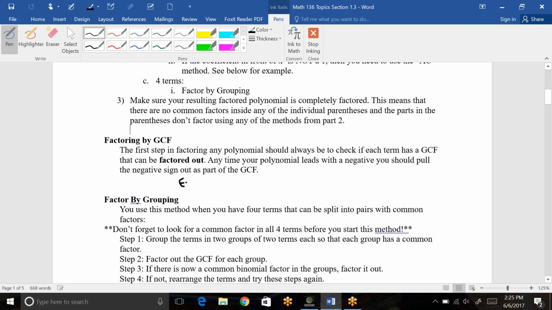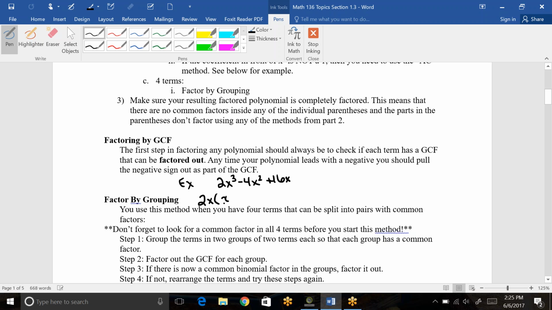Here's a couple of quick examples of this. What if I had 2x to the third minus 4x squared plus 16x? Notice that 2, 4, and 16 are all divisible by 2, so I can pull out a 2. Each of the terms also has at least one x, so I can pull out an x.